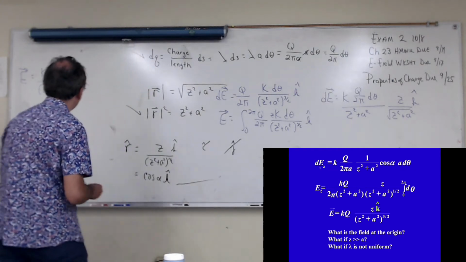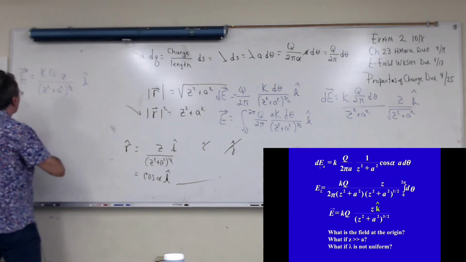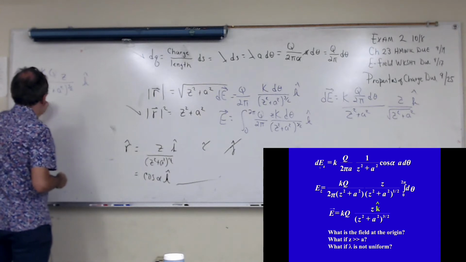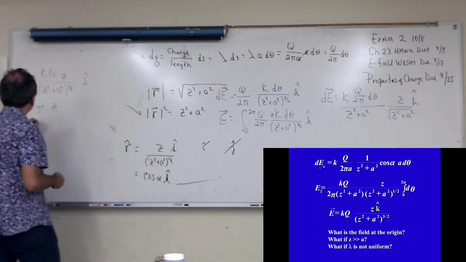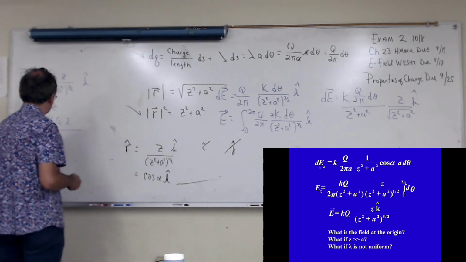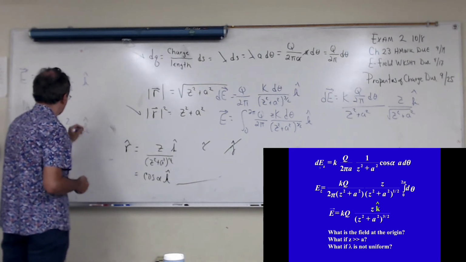If z is big, then this term I can ignore. I get E is K Q Z over Z squared to the 3/2 k hat.